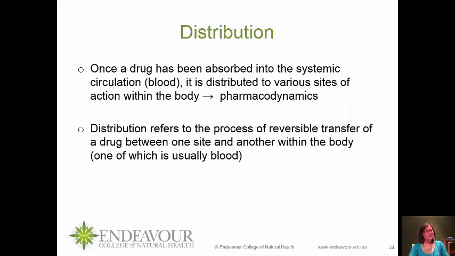So to have a look in some depth then at this other pharmacokinetic parameter of distribution. Our aim is to get this substance to its target protein or its target DNA or its target cytoplasmic receptor, where the complex of drug and receptor will move into the nucleus and affect transcription.